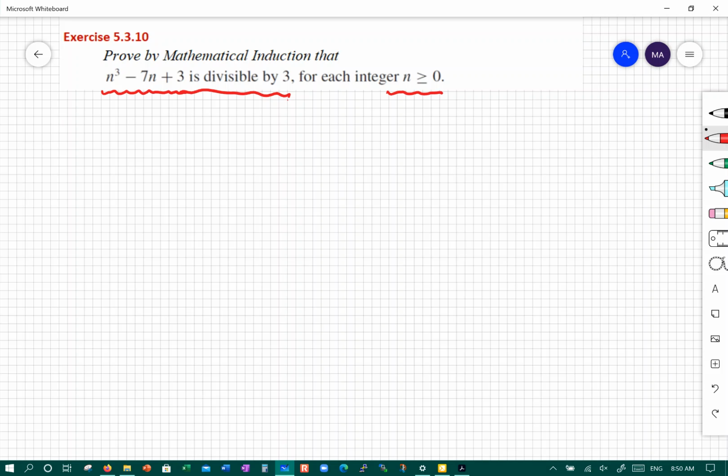Let's first define the predicate. The predicate is always a function of a single integer. The predicate says that n cubed minus 7n plus 3 is divisible by the number 3.